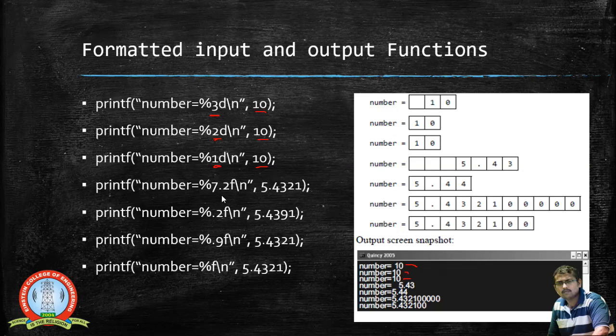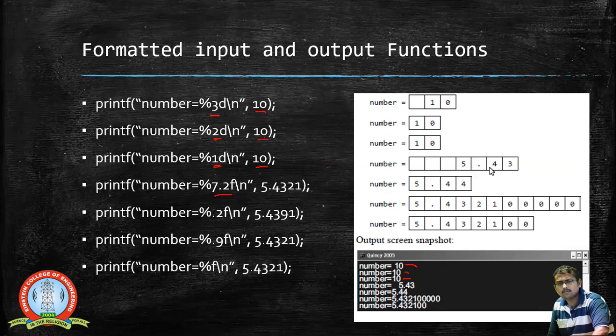Now in this case we are going to specify the precision for a floating point number, as I said earlier. When I am specifying a floating point value here, it is 7.2 F. Since it is of type float, I am using F. So with 7.2 F, 7 spaces will be allocated, 1, 2, 3, 4, 5, 6 and then 7, including the decimal point.